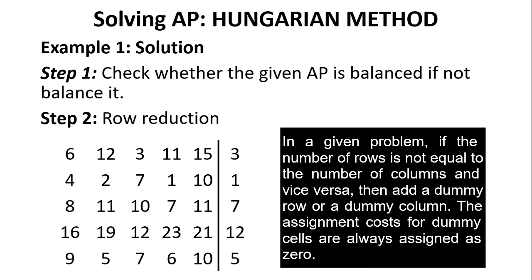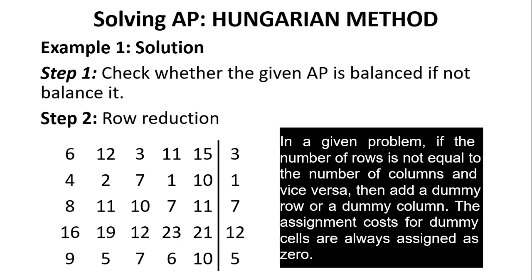If it is not balanced, you need to balance it and then go to the other steps. So step number 1 is checking whether the given assignment problem is balanced or not. As you have seen in the question, we have 5 jobs and 5 machines. That means the assignment problem is balanced.